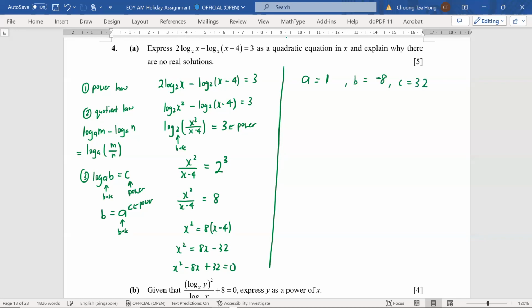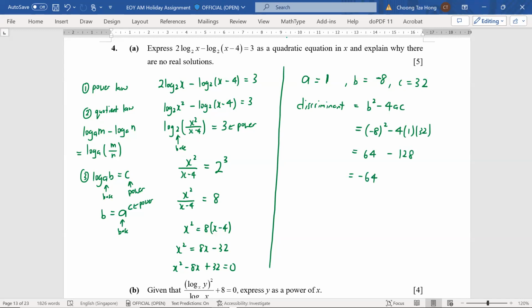So let's find the discriminant, which equals b squared minus 4ac. b is negative 8, squared, minus 4 times 1 times 32. So we will have 64 minus 128, which will give us negative 64.